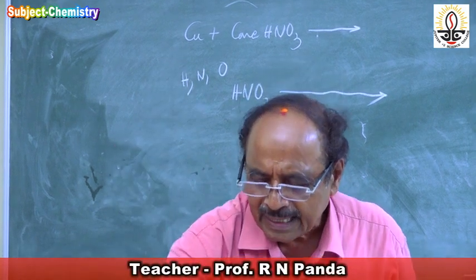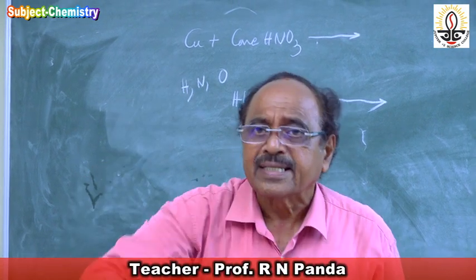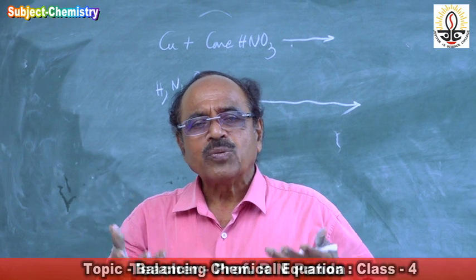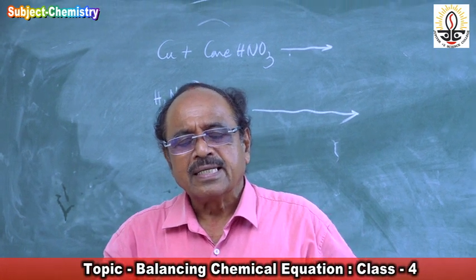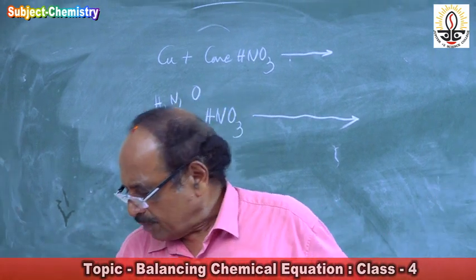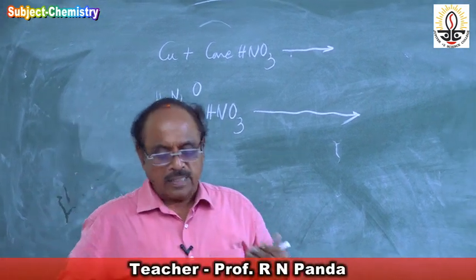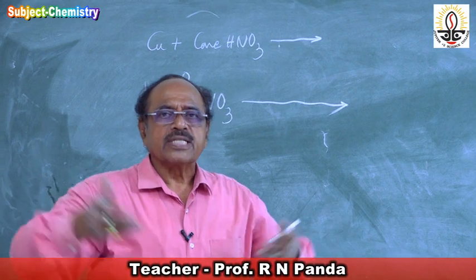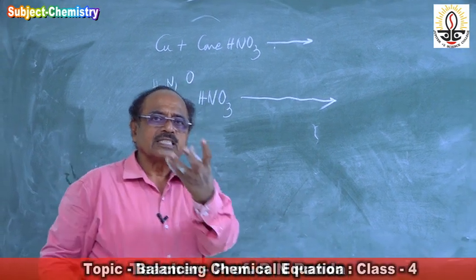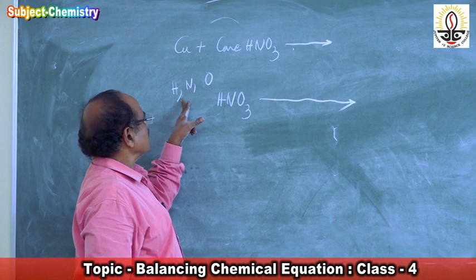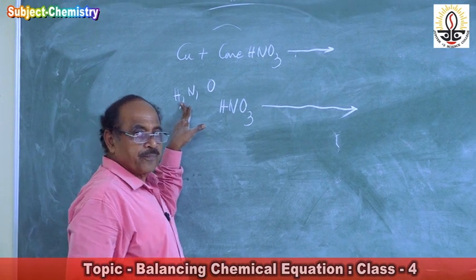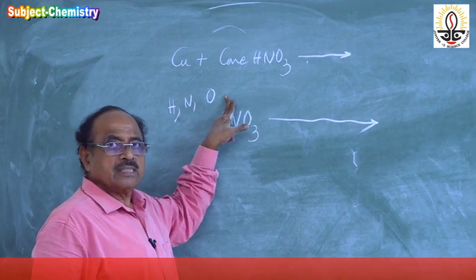Nothing was happening in nitric acid. The moment we added copper, the reaction started. Means what? Nitric acid produced its army. When an opposing party comes, the other party sends out its soldiers. So the soldiers of nitric acid are hydrogen, nitrogen, oxygen.